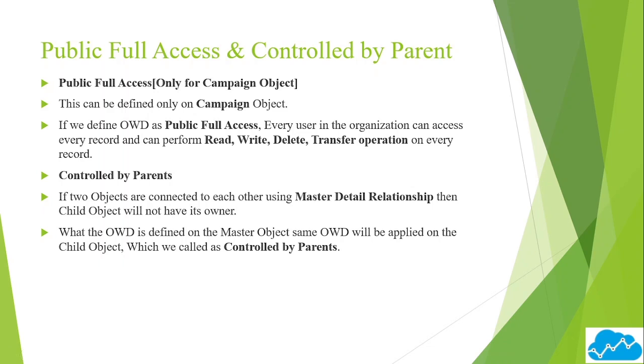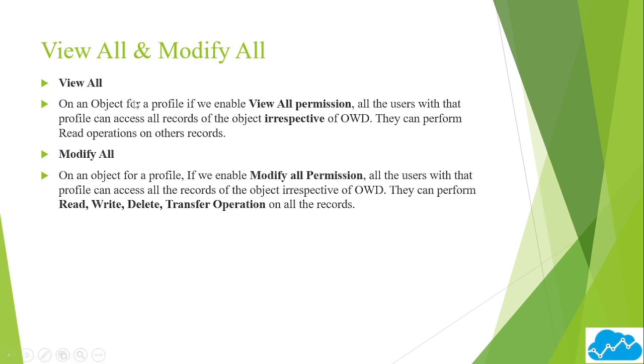Next we are going to see view all and modify all. This is also a concept in the profile. If we enable the view all permission on an object for a profile, all the users with that profile can access all records of the object irrespective of OWD.